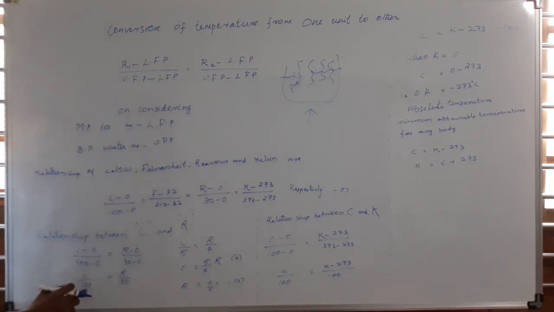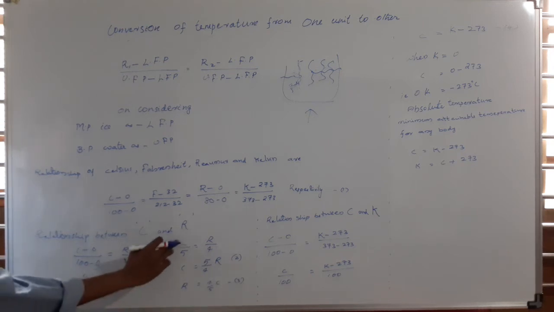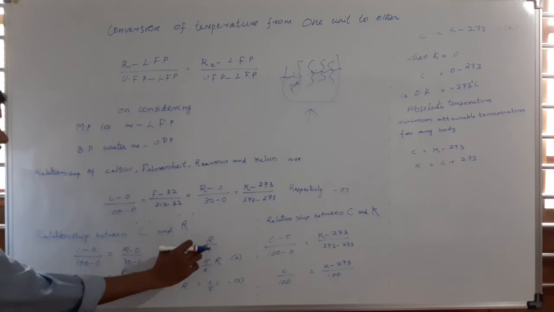Here the LCM is 20, so on dividing with 20 on either side, 100 can be written as 5 into 20, and 80 can be written as 4 into 20. So 20 gets cancelled. The remaining is C by 5 equal to R by 4.